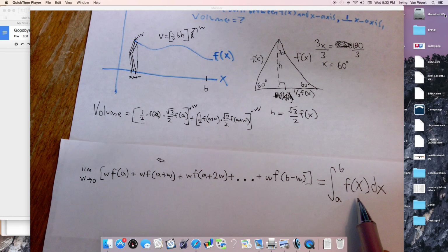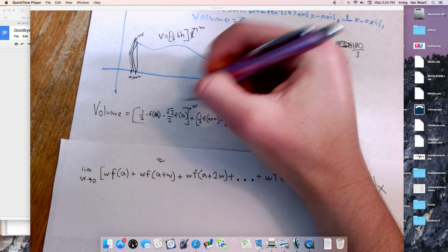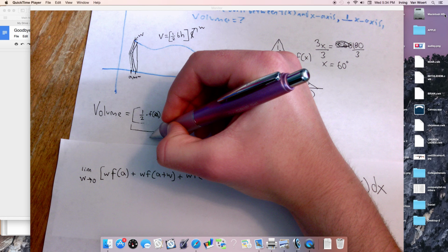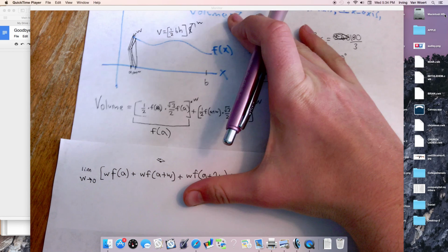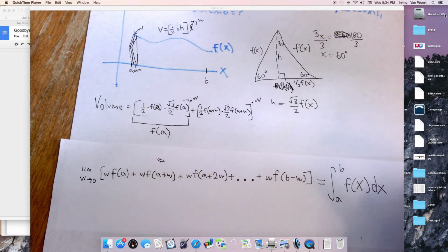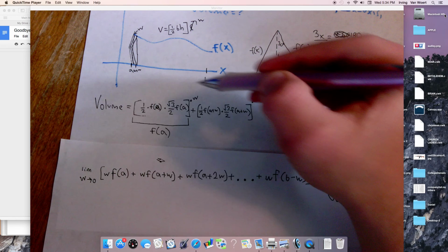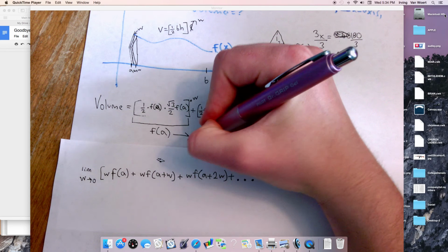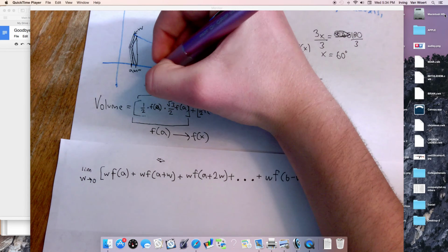In this case, let's say this entire thing here could be represented as f of a. And then to go from f of a, you just replace the a with an x to get to f of x when you plug it into an integral.